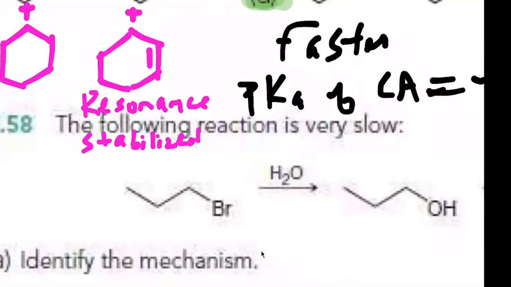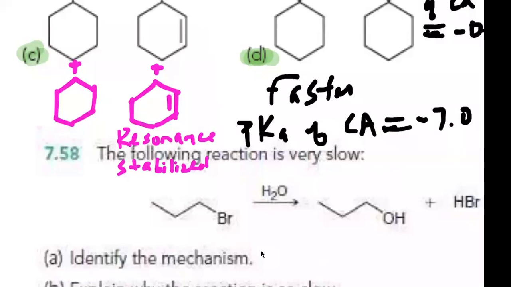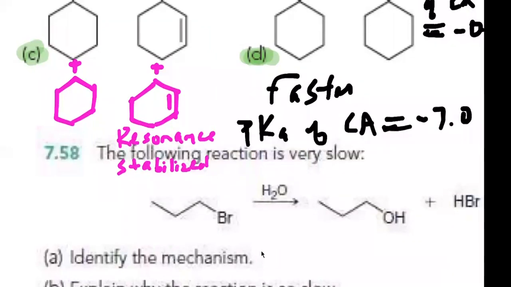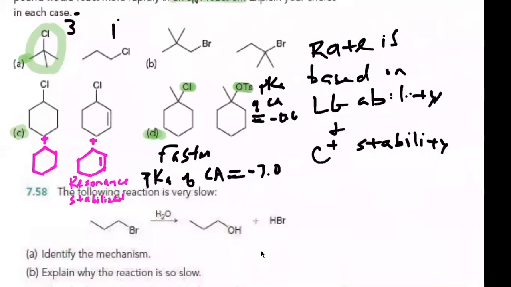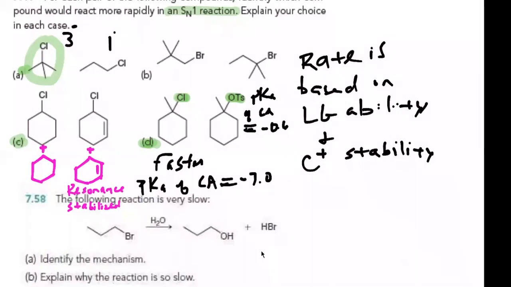Right, that's a resonance stabilized carbocation. Again, your rate for SN1 is going to be based on the leaving group ability as well as the carbocation stability. So that resonance stabilized carbocation is more stable. It means it's going to form faster than the carbocation on the right, which is just a secondary carbon.